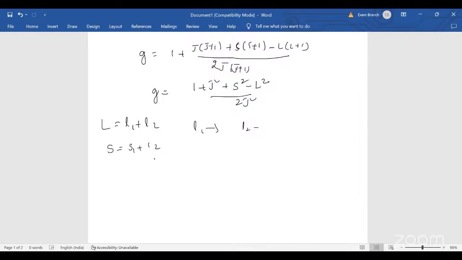S1 is the spin of one electron, S2 of the other. By combining these two, you get J equals L plus S. So this J is the total angular momentum. Okay, this is how we get it.